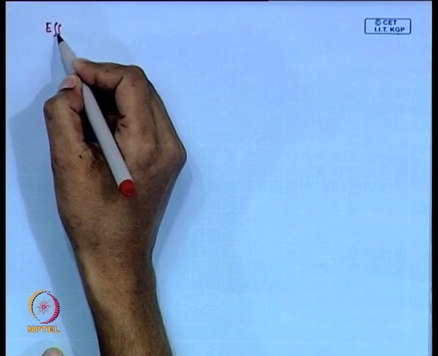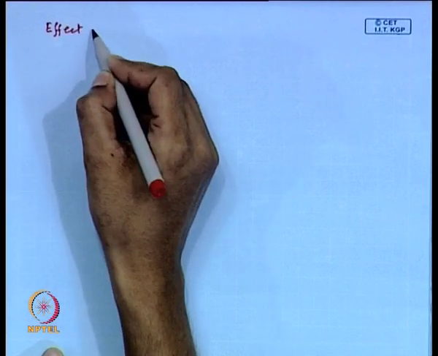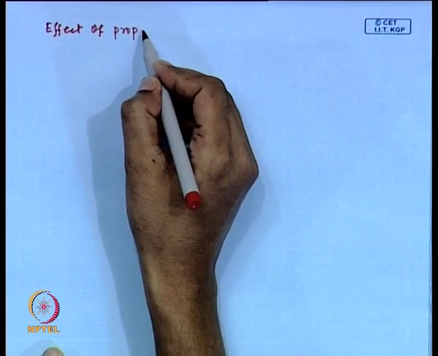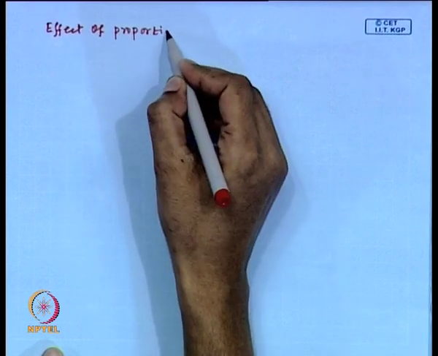So, we will continue our topic which we started in the last class, that is the effect of proportional controller.